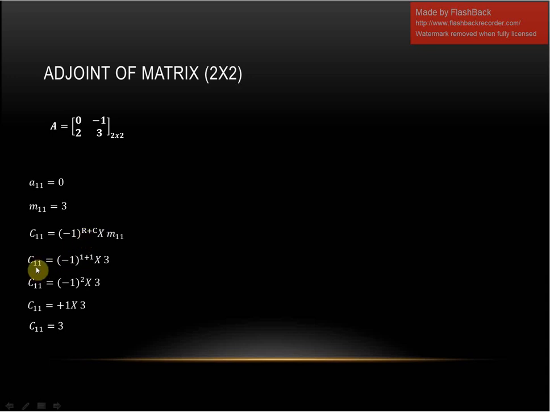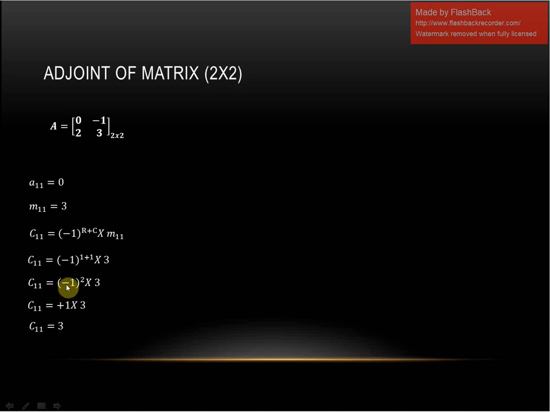And what is column associated with 0? 1. So 1 plus 1 multiplied by M11. The value of M11 is 3. So C11 is equal to minus 1, 1 plus 1 is 2, multiplied by 3. C11 is equal to minus 1 raised to the power 2, which is plus 1.